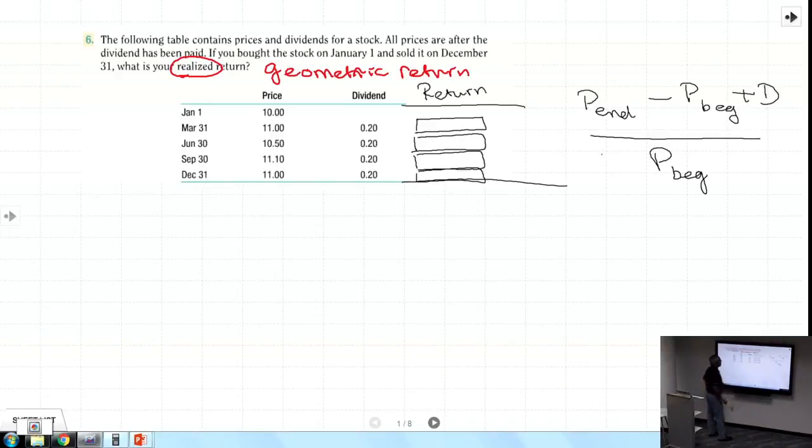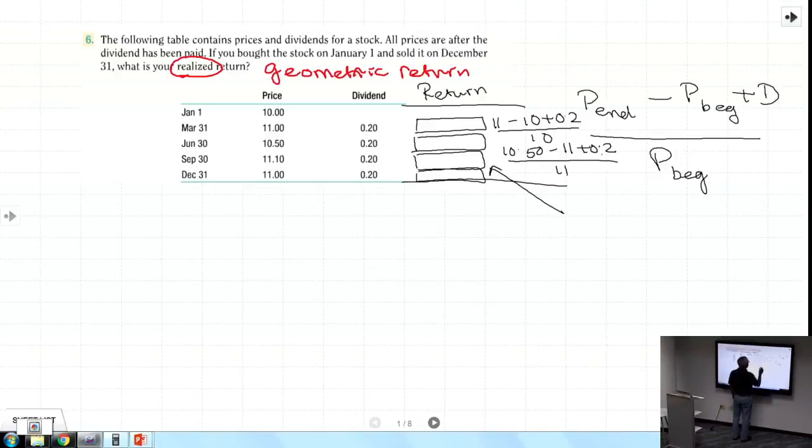So over here, for March 31st, it is going to be stock price at the end, which is 11, minus stock price at the beginning, which is 10, plus the dividend, which is 0.2, divided by 10. For June 30th, it will be 10.50, which is end. The beginning stock price is now going to be 11. So the change in stock price from March 31st to June, so beginning stock price is 11, plus again the dividend, divided by 11.